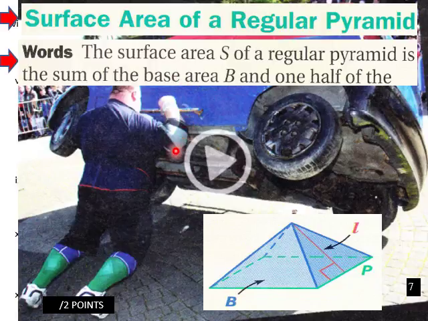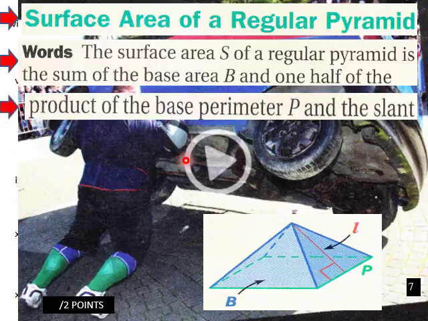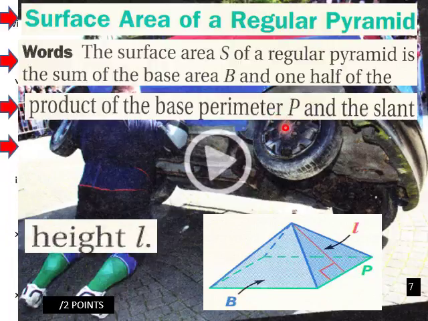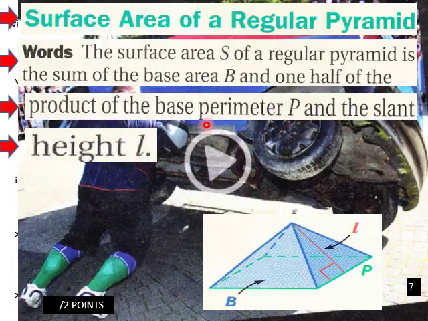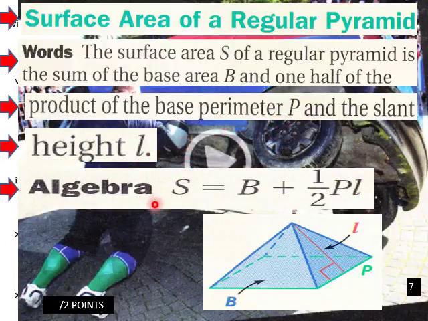The surface area S of a regular pyramid is the sum of the base B and 1/2 of the product of the base perimeter P and the slant height L. So as a formula, here it is. Surface area equals base plus 1/2 PL is what it amounts to. This is a cool little formula for the surface area of a pyramid.